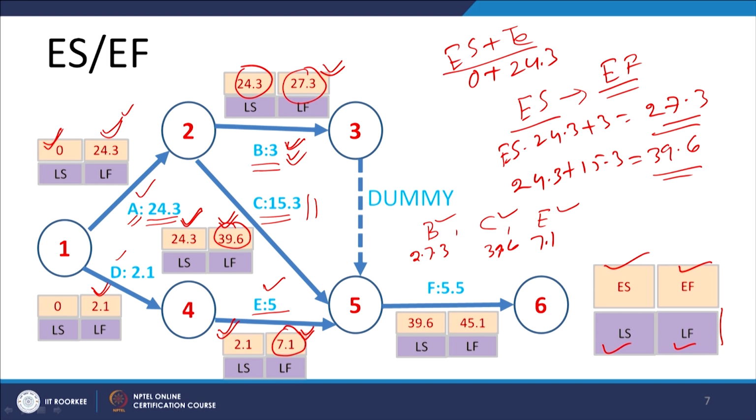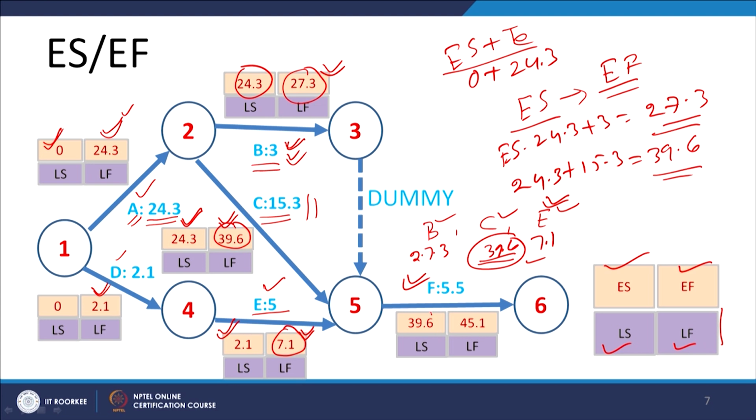Since activity C takes the maximum time, and before that we will be able to complete E and B in any case, the maximum of all these 3 earliest finish time values, as far as the predecessor requirement is concerned, will dictate the earliest start time for the successor activity, that is F. So, the maximum of these 3 is 39.6.